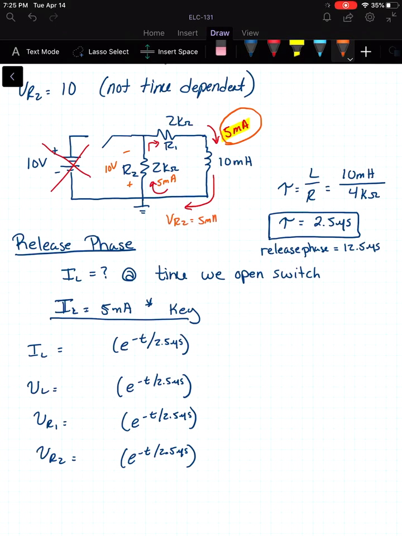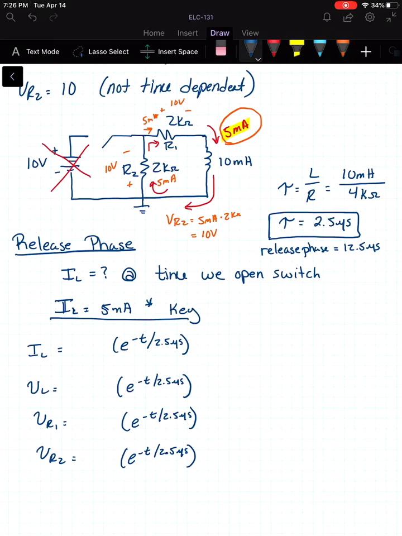VR2 is 5 milliamps times 2 kilo ohms, which would be 10 volts. I've got the same 5 milliamps through R1, and that's also a 2 kilo ohm resistor. So that's also going to be 10 volts.